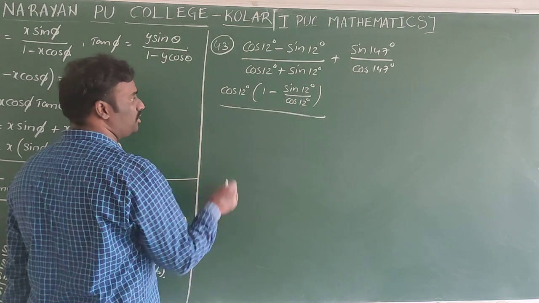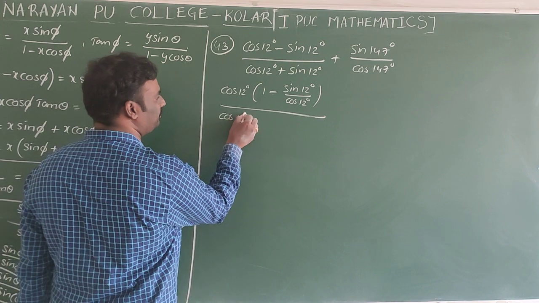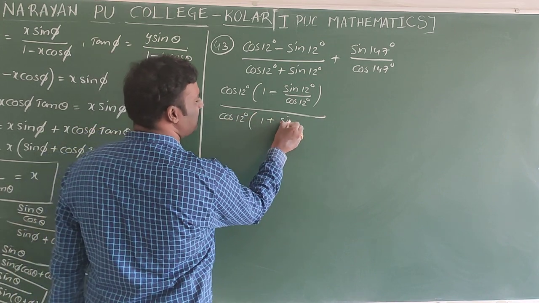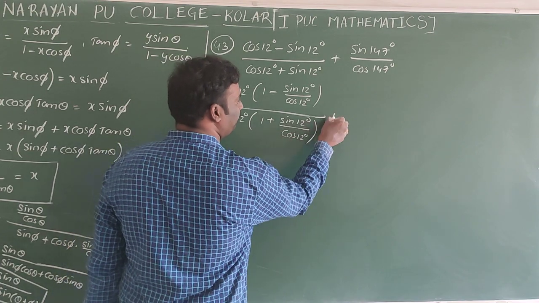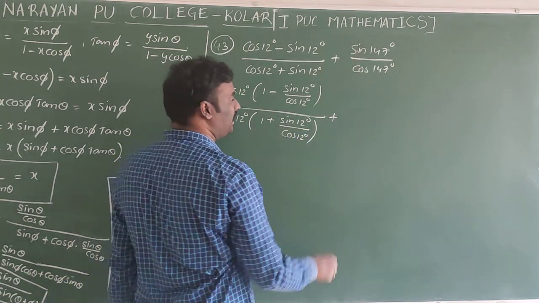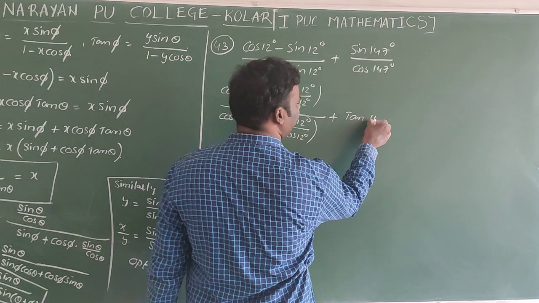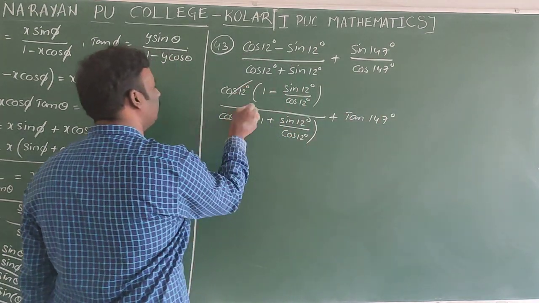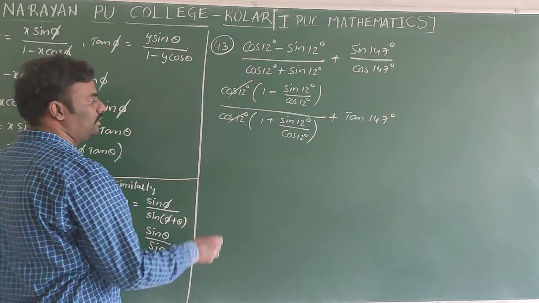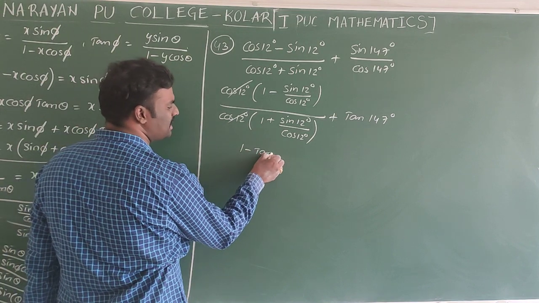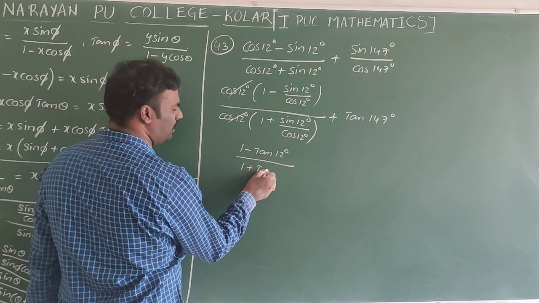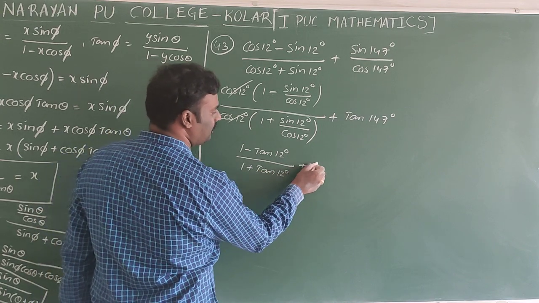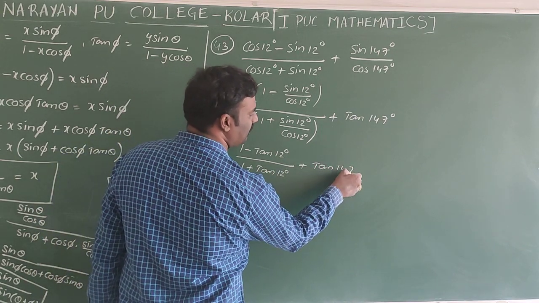Here also you take cos common: 1 plus sin by cos. Sin by cos I am writing as tan. Cos 12 cancels. Now I get 1 minus tan 12 by 1 plus tan 12 plus tan 147.